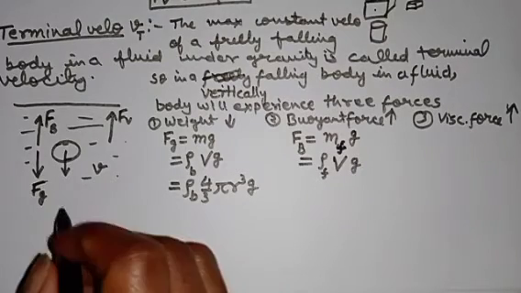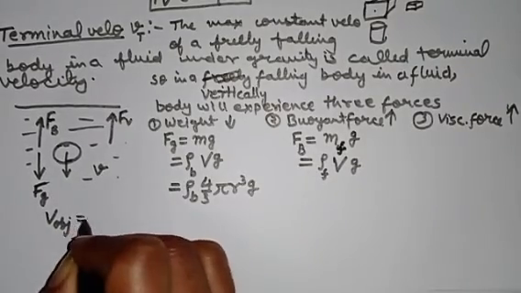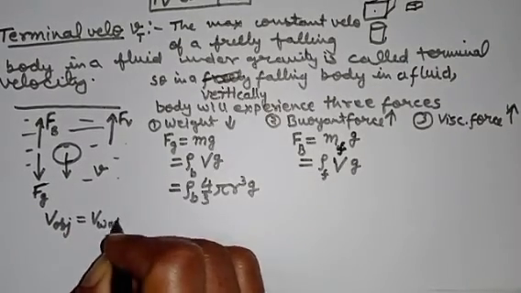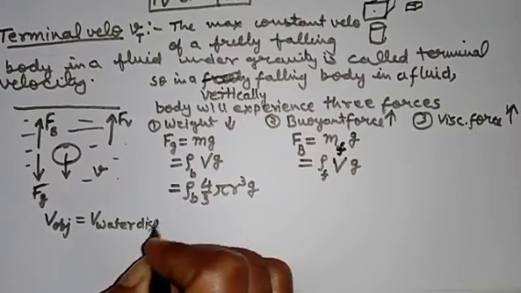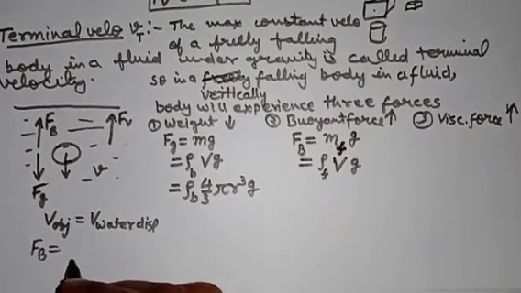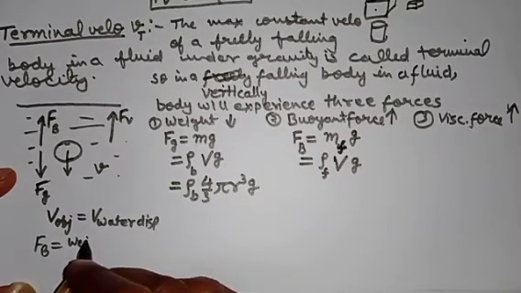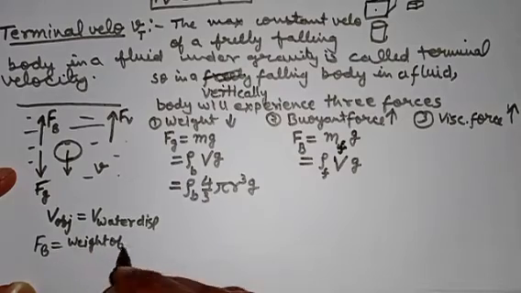There are two things. First, volume of object is equal to volume of water displaced. Second, buoyant force is equal to weight of water displaced.